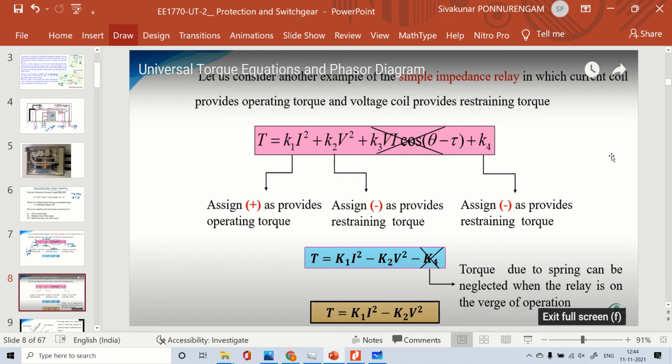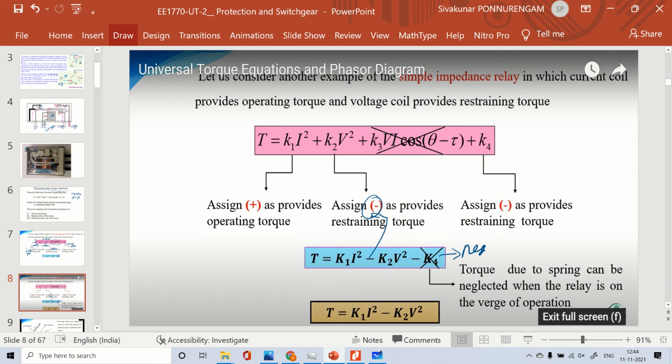Here, if we put the minus sign, this term will act as a restraining torque, neglecting the spring constant.